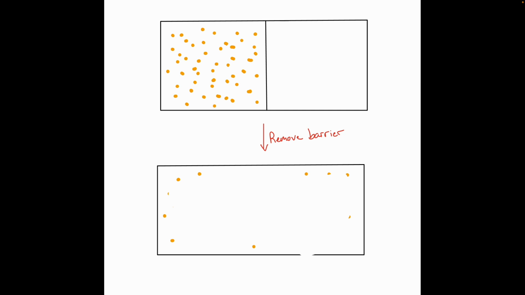All right, and this is one of the first things we talked about with gases, but importantly it comes from that kinetic molecular theory and really just the random motion of those gas particles. And this is a property we call diffusion.